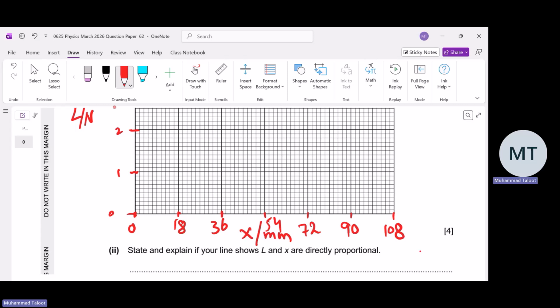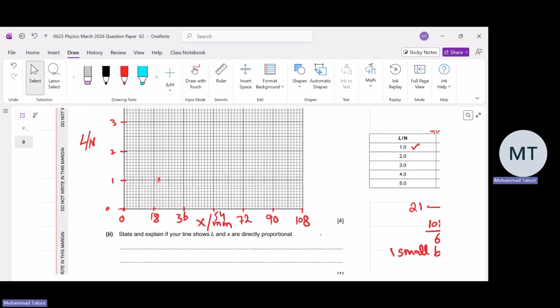So this will be somewhere here. I plot a cross here. So in this way you have to be very, very careful here.